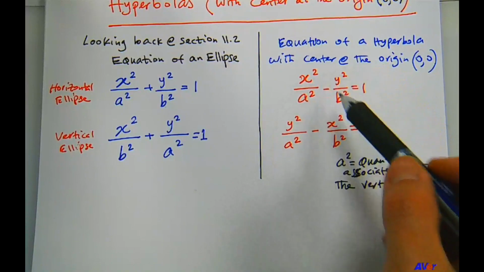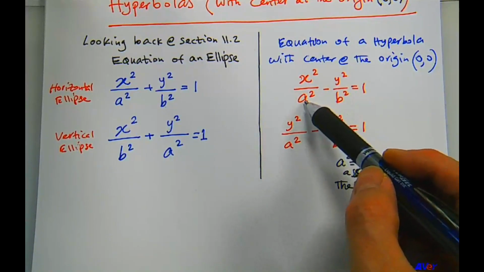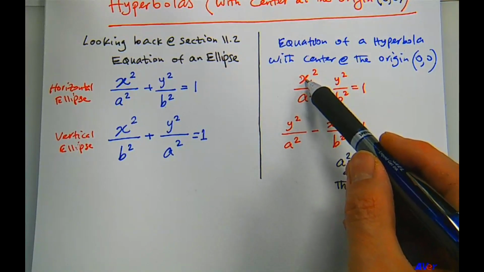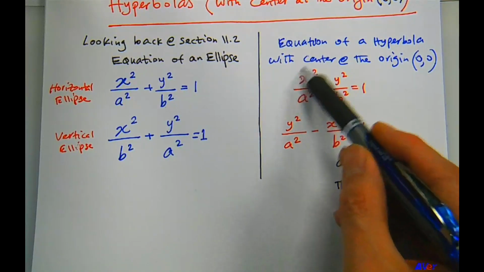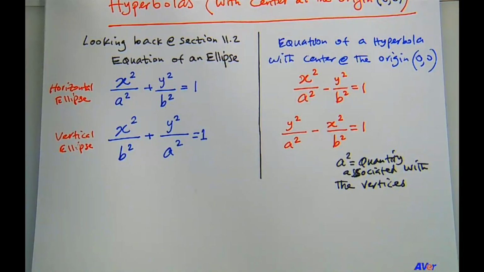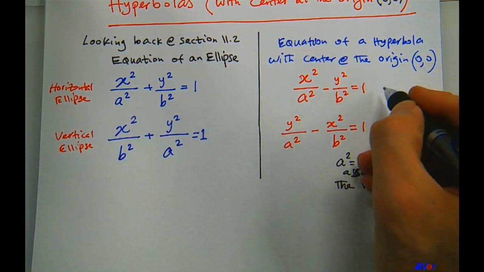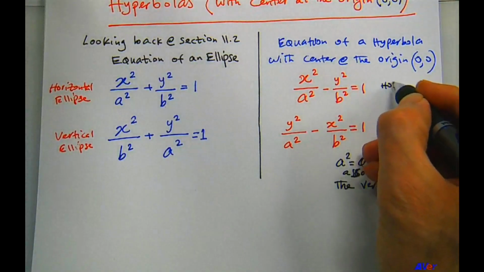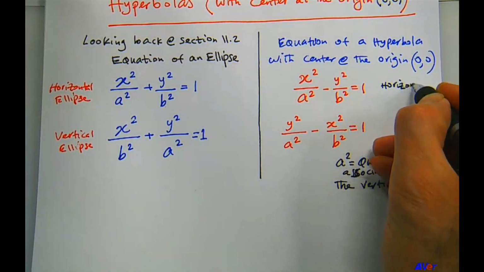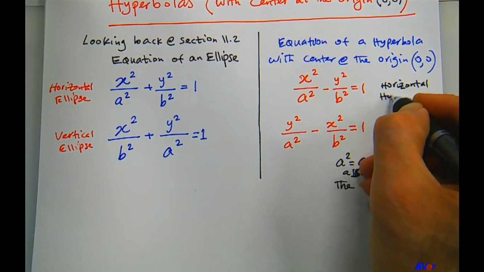So what's the difference? Well, if the quantity associated with the vertices of a hyperbola forms the denominator of the x squared term, then you have a horizontal hyperbola. So let me write that here. This is a horizontal hyperbola.